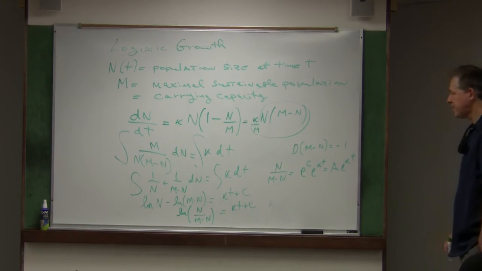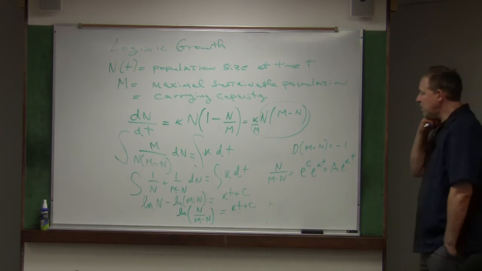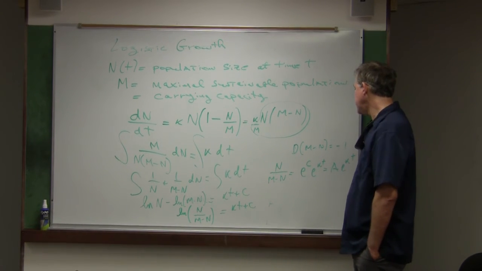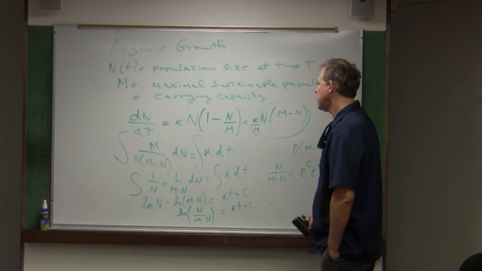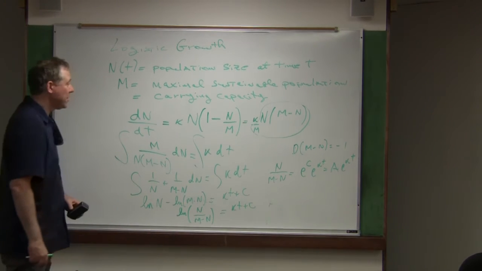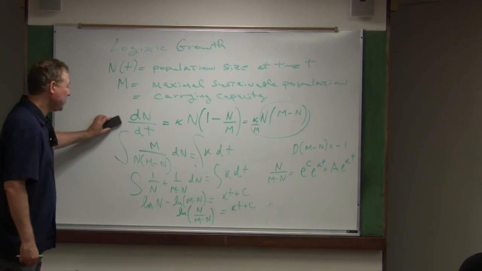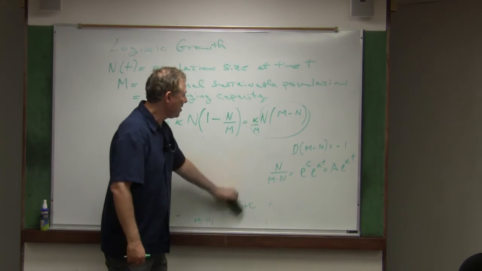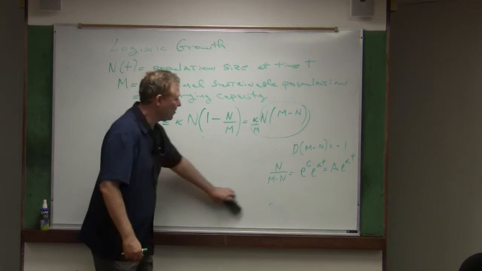Okay. So now we just have to solve for n. So let's do that. Okay, so I gotta get some room. So I'm going to erase this and get some room here. Okay, since we're on this board.